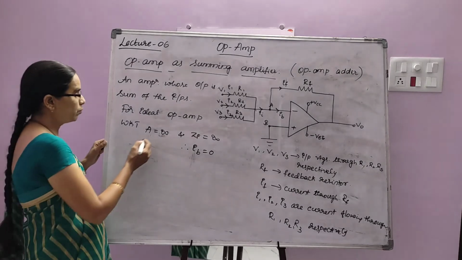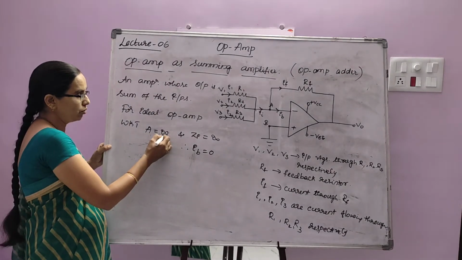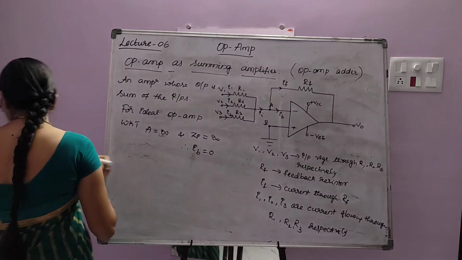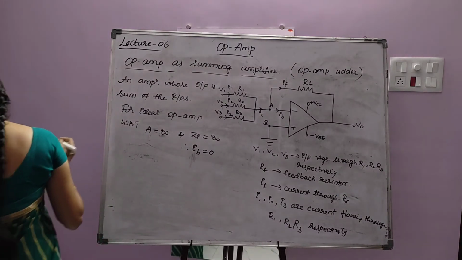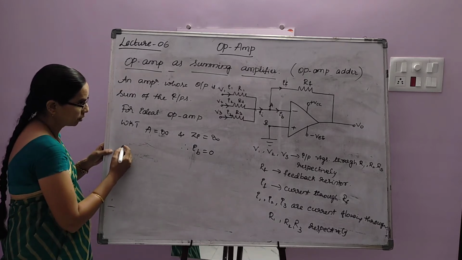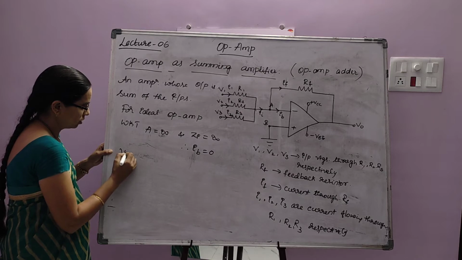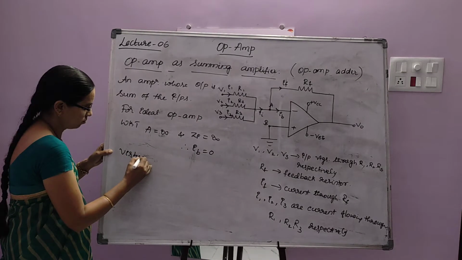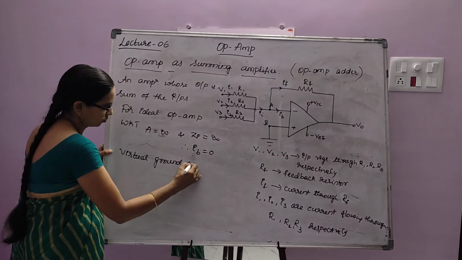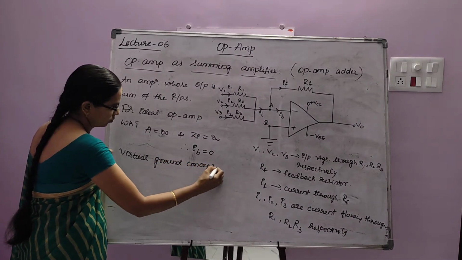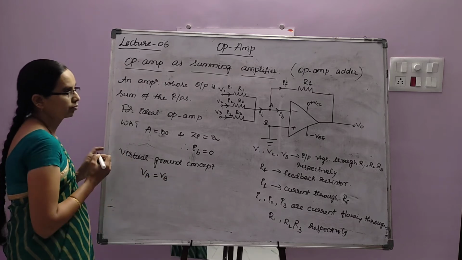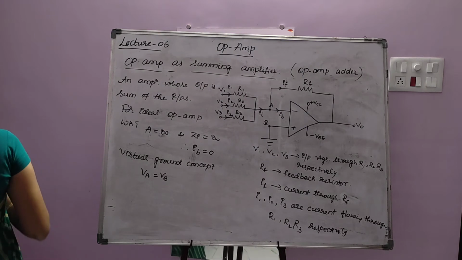Because gain is equal to infinity, by the virtual ground concept, VA is equal to VB, right?